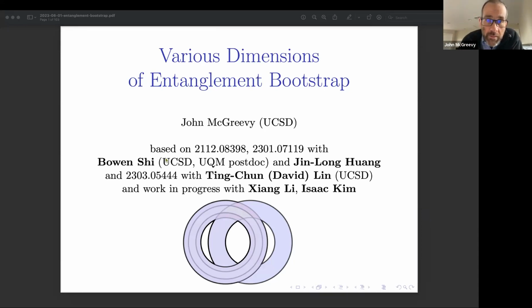And then I hope to broaden the scope a bit in the latter part of the talk and tell you about an extension of this same perspective that can be applied to conformal field theory in 1+1 dimensions and also 2+1 dimensional gap states with gapless edge. Okay, and that's work in progress also with Bowen and David and Shang Li and Isaac Kim from UC Davis.